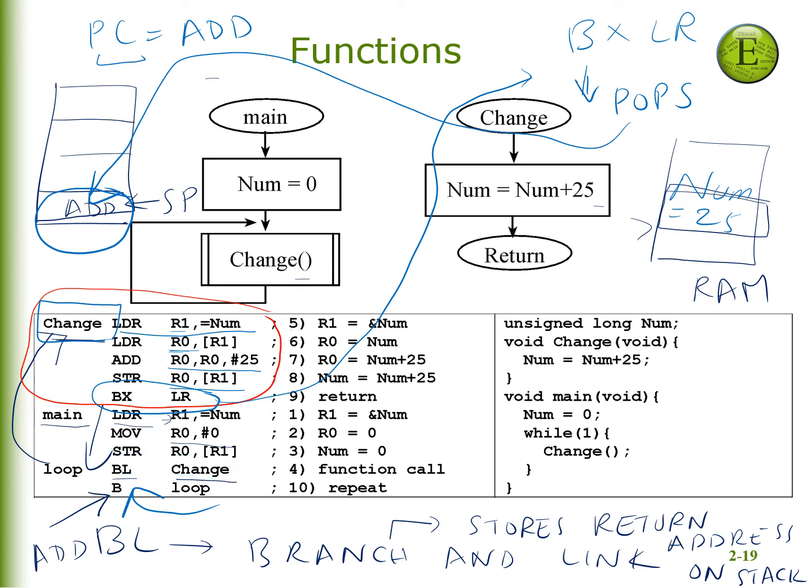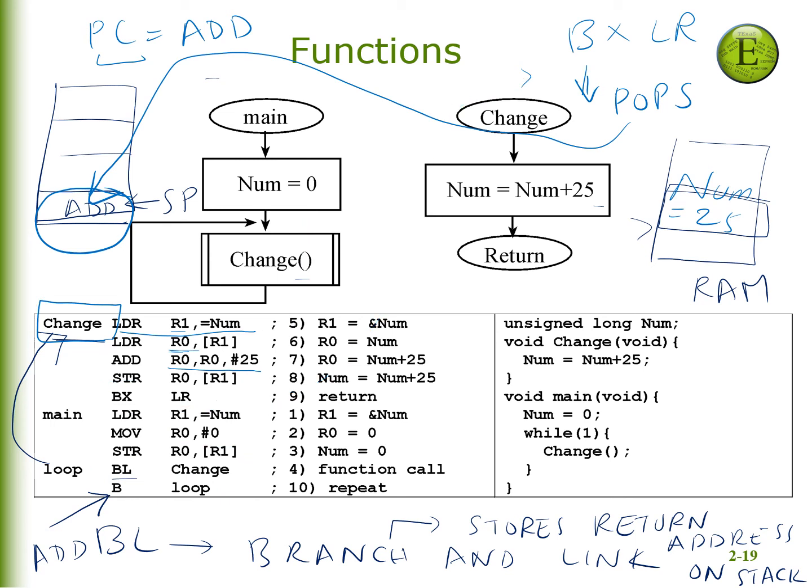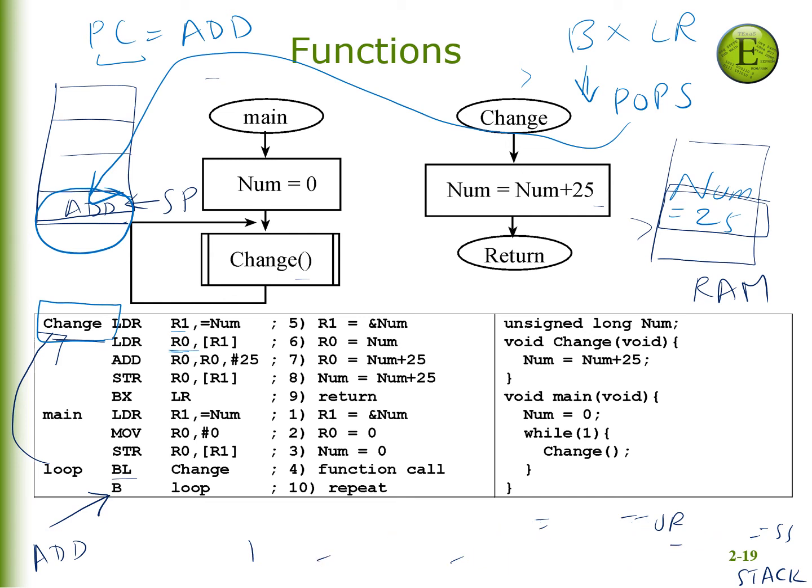I know it is getting a bit too cluttered. So remember, the address is the address of this instruction. Let me erase this real quick. So this is the address of the instruction, and the PC, the program counter, now contains the address, meaning that we are going to resume execution over here.